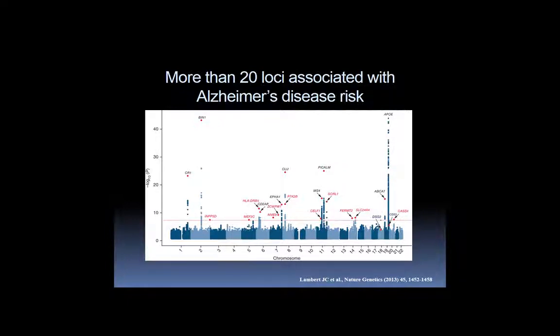There wasn't a huge amount of difference between the results, with the exception of the tau locus that only showed up in the E4 negative individuals.